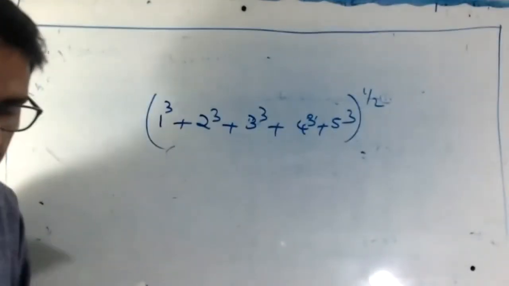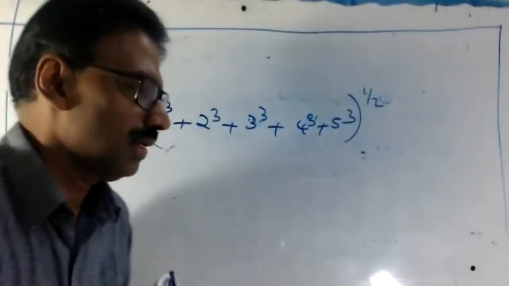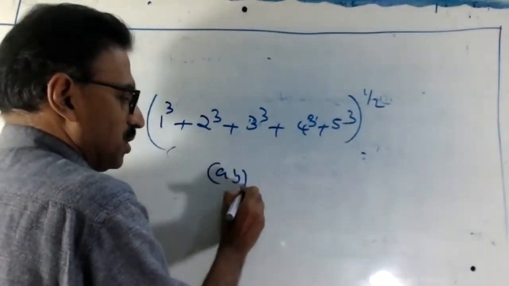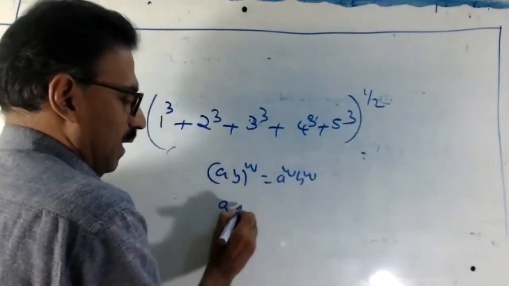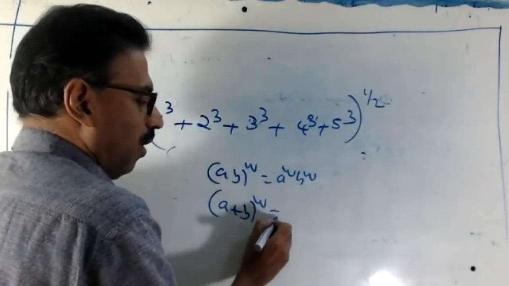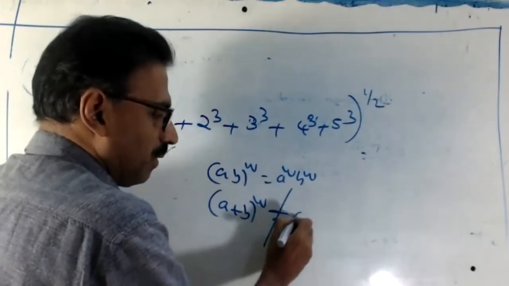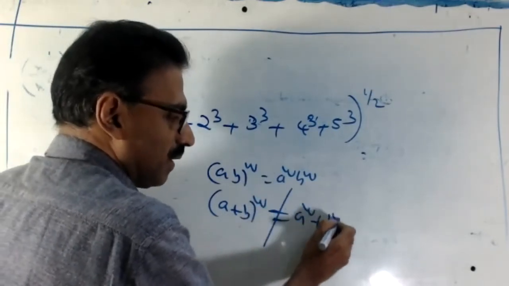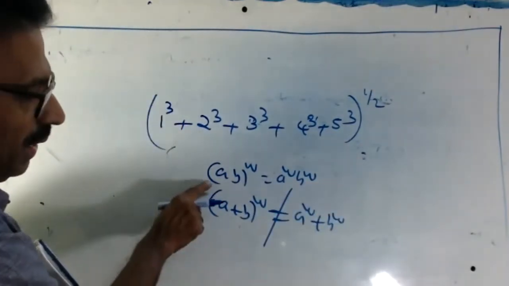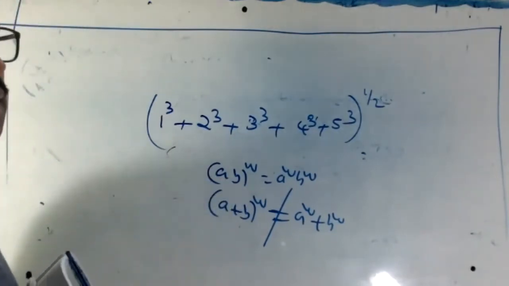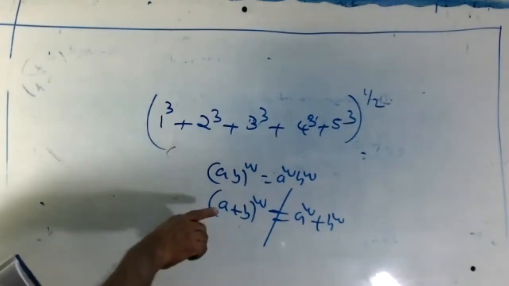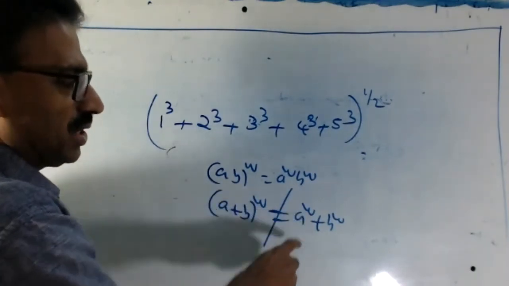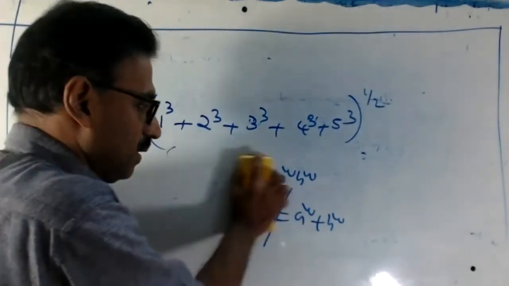Okay. You remember: a b raised to n is a raised to n into b raised to n. A plus b raised to n is not equal to a raised to n plus b raised to n. Remember that. Okay, careful there. Then use this one.